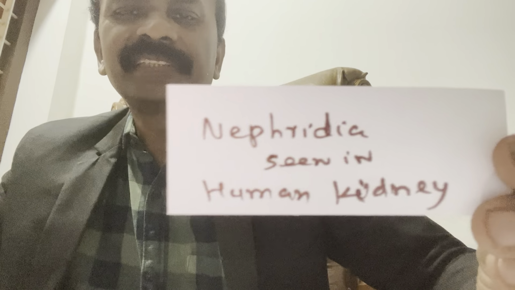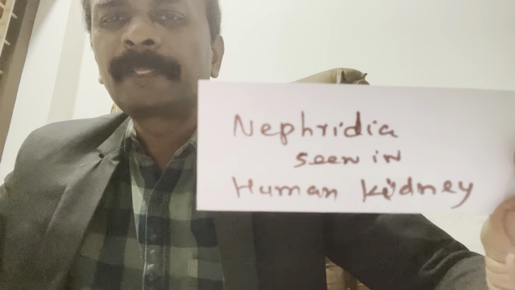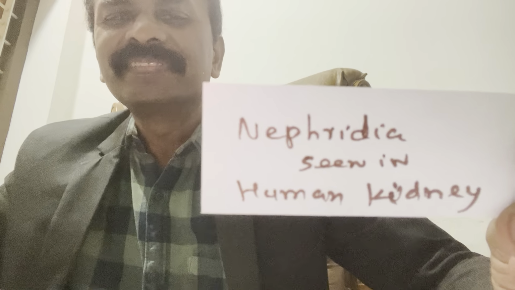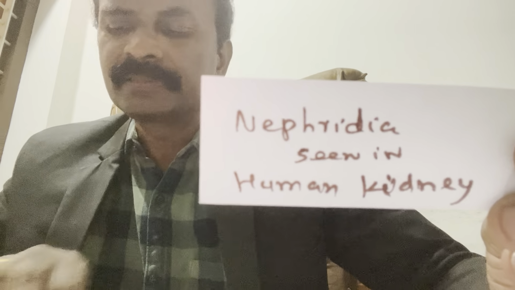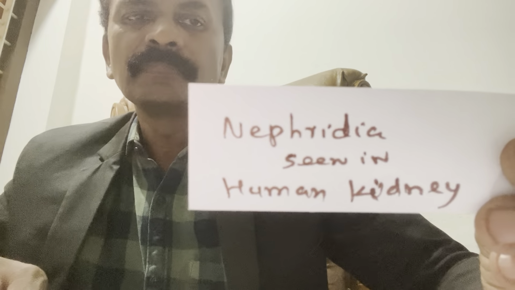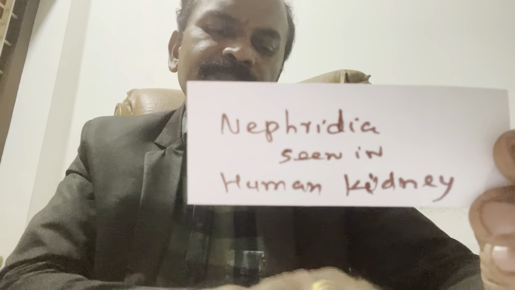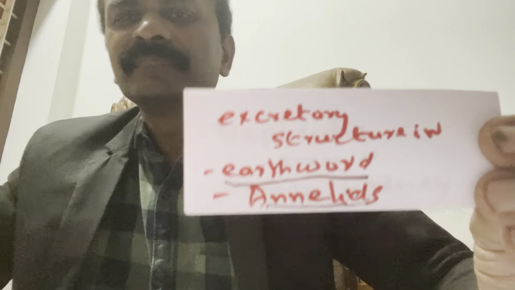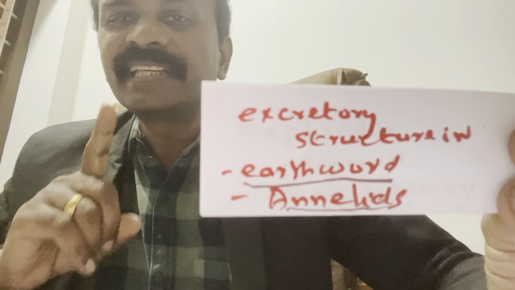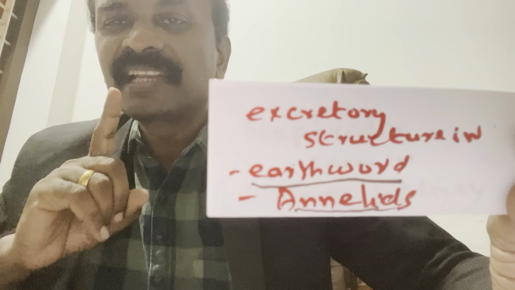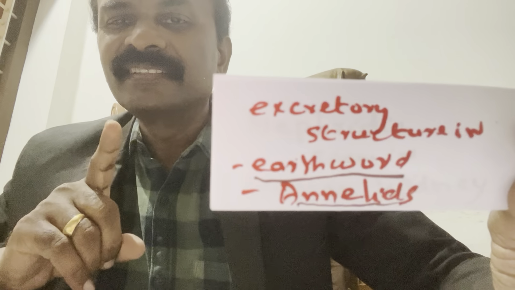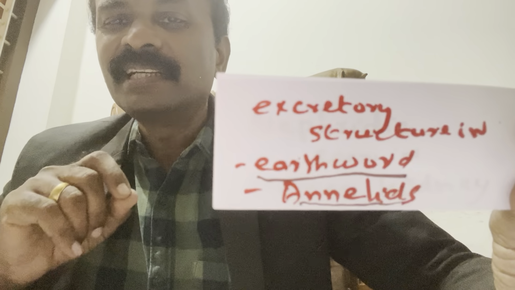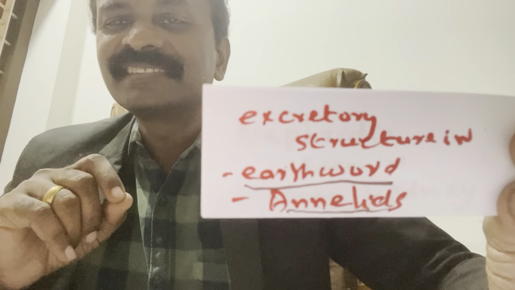Nephridia is seen in human kidney. True or false? Nephridia is an excretory structure in earthworm and some annelids.